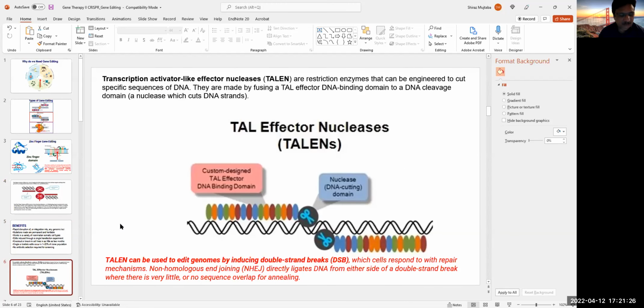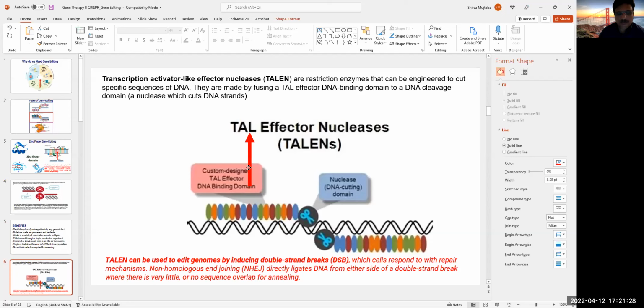The second system that makes gene editing is transcription activator like effector nucleases. This is called TALEN. Now, what is a transcription factor? So let's say there are many genes in our cells, right?